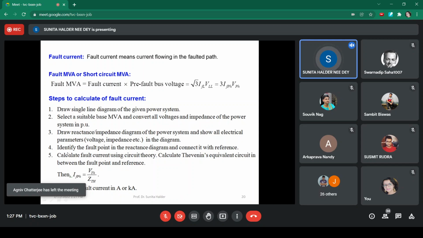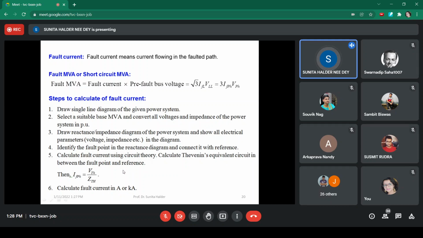Then you have to identify the fault point in the reactance diagram and connect it with the reference. Why? Because we are calculating the fault current during the three-phase short circuit. So the per phase representation will be the same, and since it is a three-phase to ground fault, or three-phase fault, the fault point is connected to the reference. Then calculate the fault current using circuit theory, or calculate the Thevenin's equivalent circuit between the fault point and the reference.